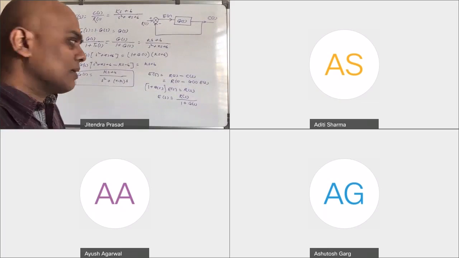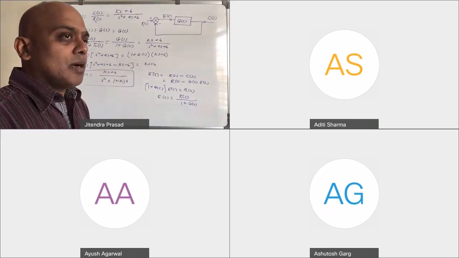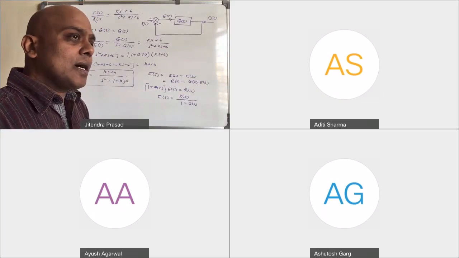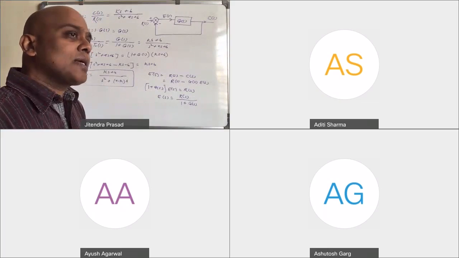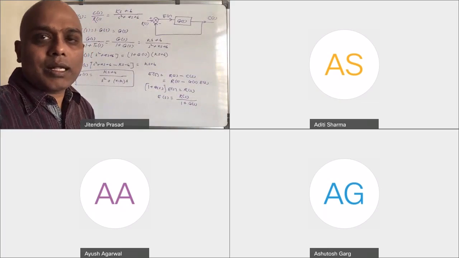The pole basically is the root of the characteristic equation.